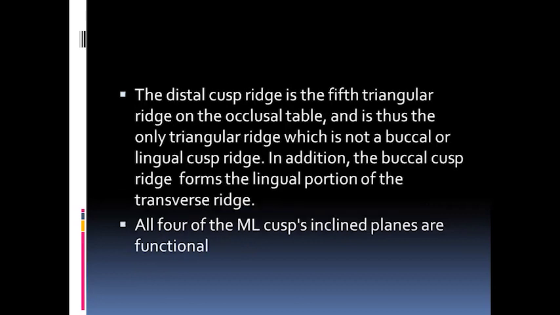The distal cusp ridge is the fifth triangular ridge on the occlusal table and is thus the only triangular ridge which is not a buccal or lingual cusp ridge. In addition, the buccal cusp ridge forms the lingual portion of the transverse ridge. All four of the mesiolingual cusp inclined planes are functional.